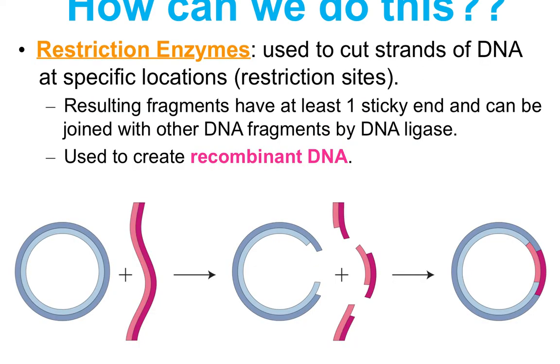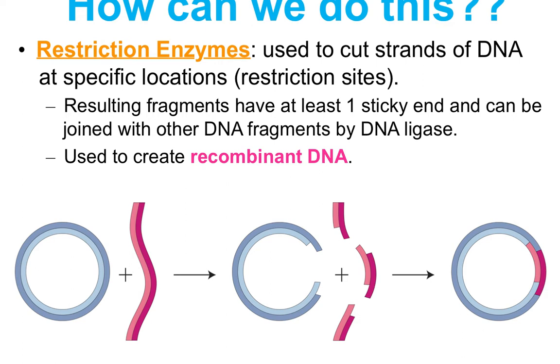So how do we get those little pieces of DNA out so that we can figure out what they are? Enzymes cut DNA. We can use what are called restriction enzymes to cut strands of DNA at specific locations. How it knows the site is probably for a later time, but we have restriction sites. There's a combination of DNA nucleotide sequencing that one particular enzyme will look for and cut the DNA strand right there.